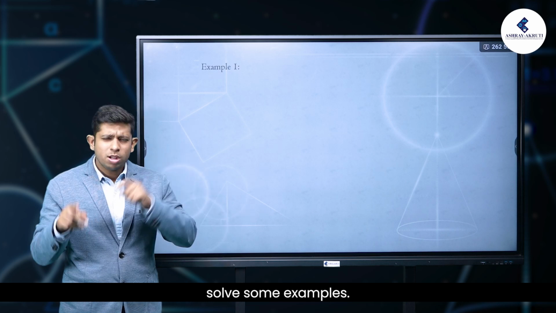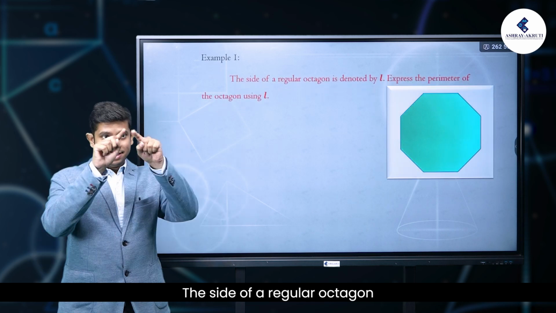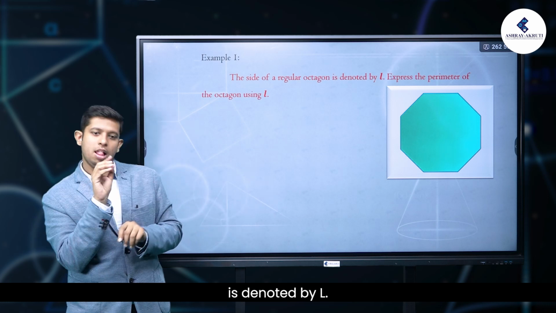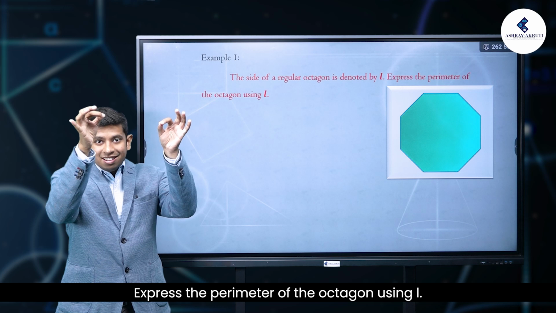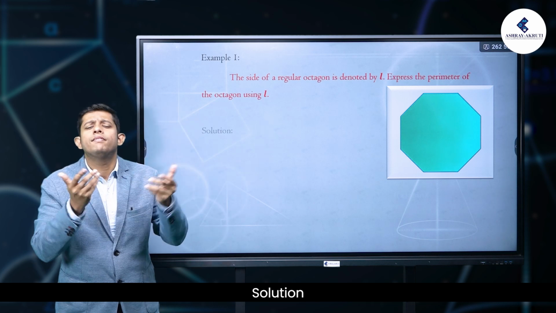Now we will solve some examples. Example 1. The side of a regular octagon is denoted by L. Express the perimeter of the octagon using L. Solution.